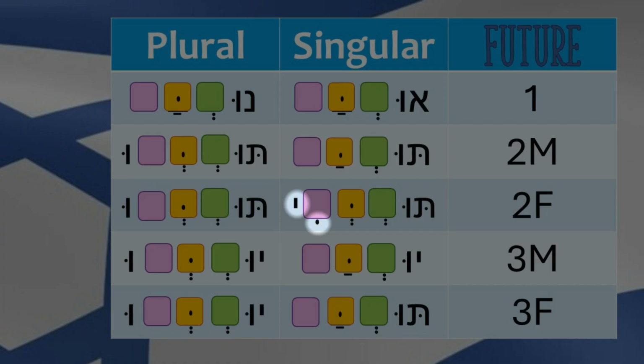So it's going to be a chirik underneath that third shoresh letter, and then a yod after it. And then the second person and third person plural both get a shuruk at the end. So that third shoresh letter doesn't get anything underneath it because it gets the shuruk right after it. Remember, with the cholam and the shuruk, you can't have a vowel underneath and have the cholam or the shuruk.